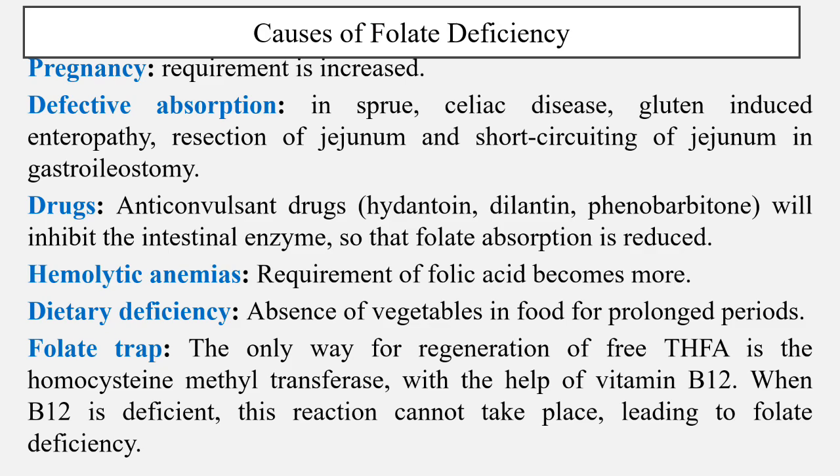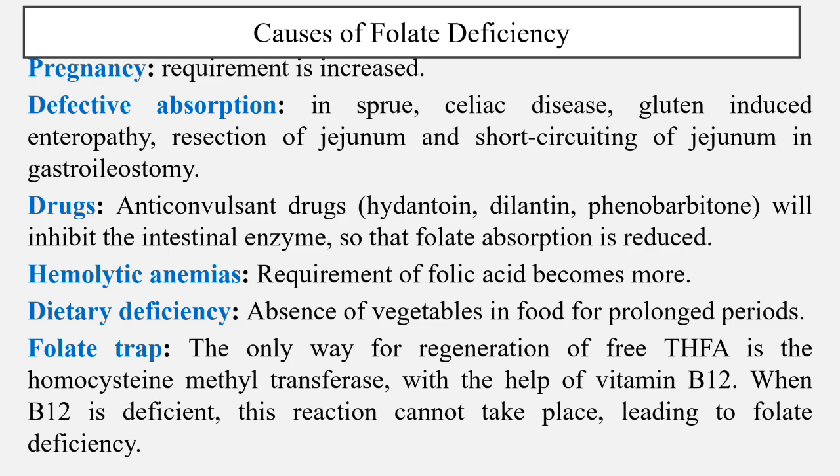Also resection of the jejunum and short circuiting of the jejunum, where some part of the jejunum is removed. In these conditions there is also defective absorption of folic acid that leads to deficiency. And also drugs, like anticonvulsant drugs such as hydantoin, Dilantin and phenobarbital.